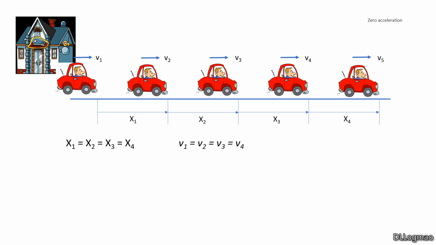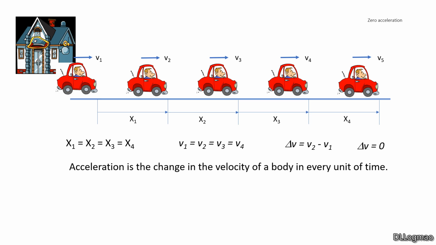Calculating the change in velocity, delta v, which is v sub 2 minus v sub 1, the change in velocity is 0. By definition, acceleration is the change in velocity in every unit of time. By formula, acceleration is delta v over t. With 0 change in velocity, the acceleration is 0.